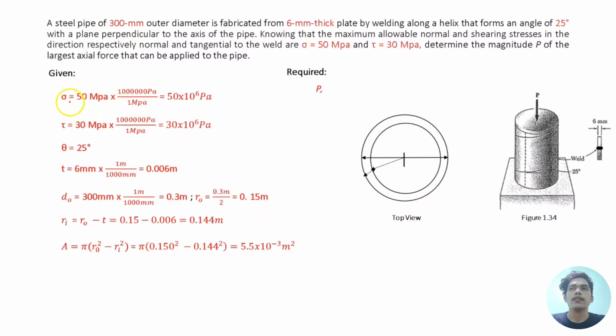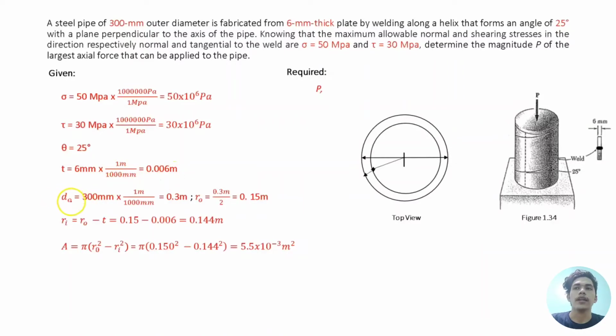So the given is the normal stress, 50 megapascal, multiplied by 10 raised to 6 to convert it into Pascal. Same goes with the shear stress, 30, so 30 times 10 raised to 6 Pascal. And the angle, 25 degrees, and the thickness is 6 millimeter converted, so 0.006 meter.